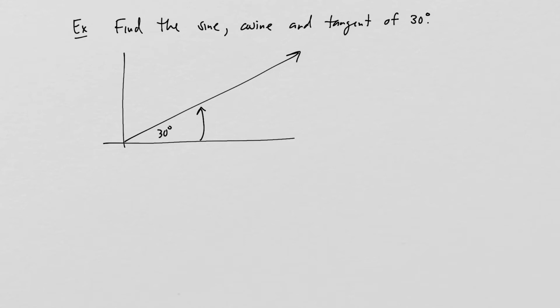And then I need to pick any point on the terminal side of theta. So I need to figure out, what is the x value here and what is the y value. And there's no unique answer for this because we could have chosen this point to be anywhere on the terminal side. So what I'm going to do here is draw a perpendicular line segment here to make a right triangle.